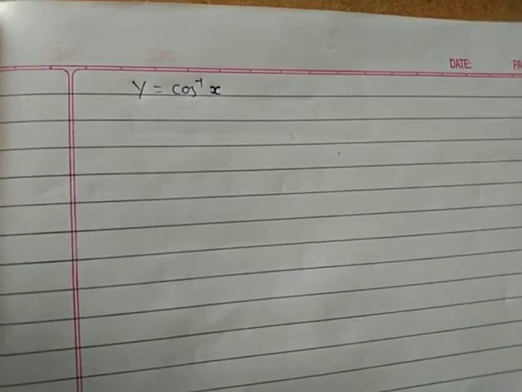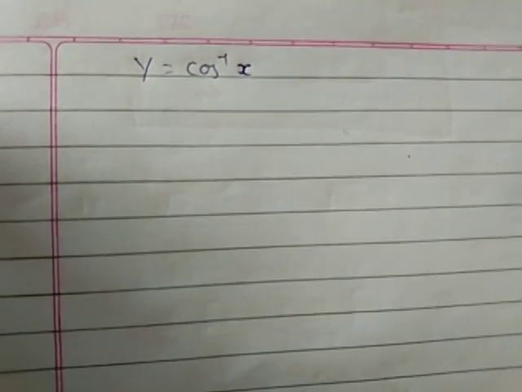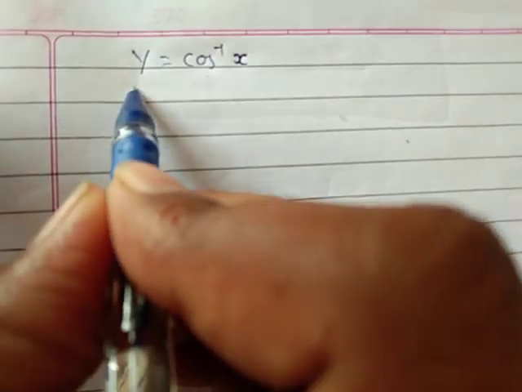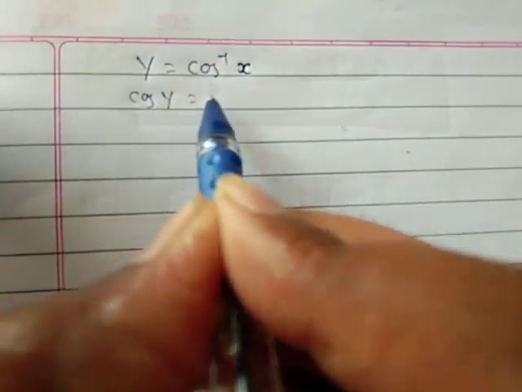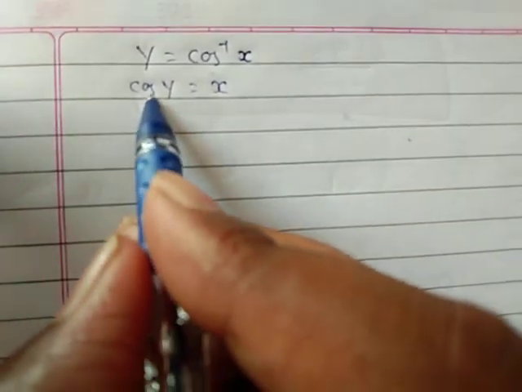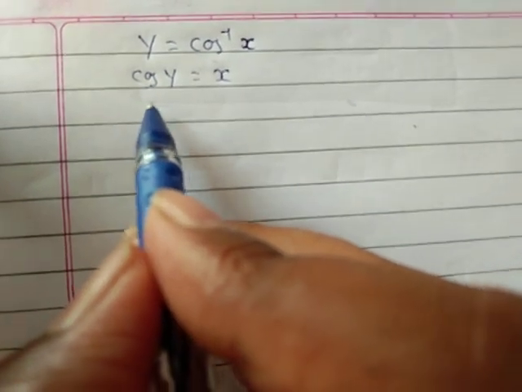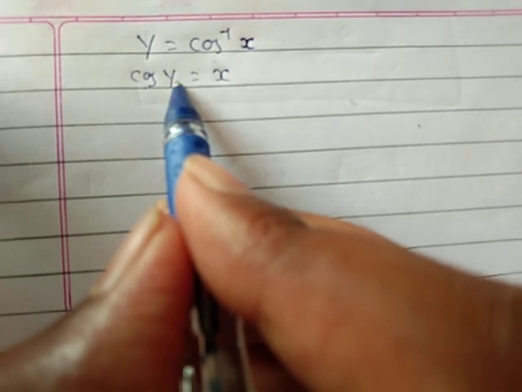Next inverse trigonometric function, y is equal to cos inverse x. As the cos inverse shifts to the LHS, it is nothing but cos y is equal to x. We know the derivative of cos y is nothing but minus sin y, and we need to differentiate y again.